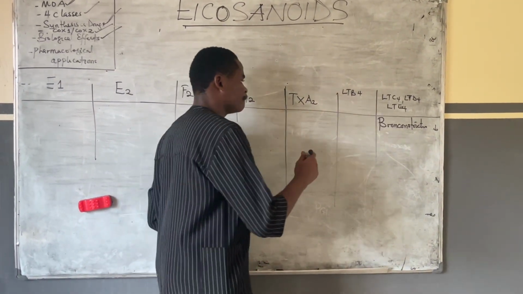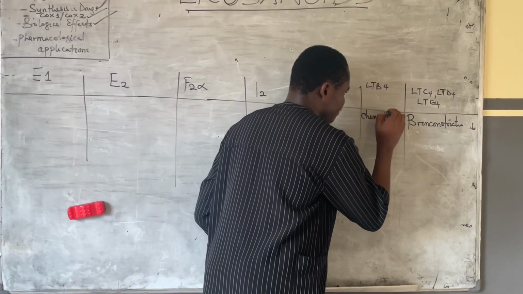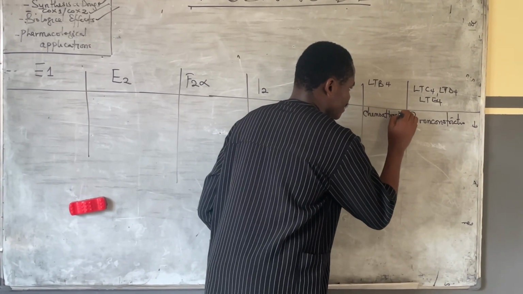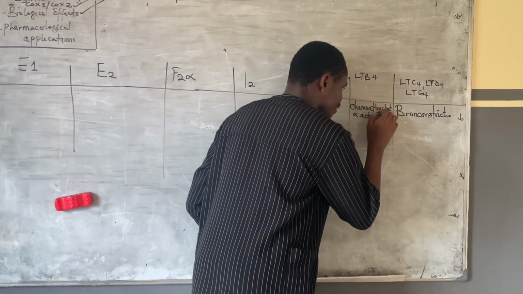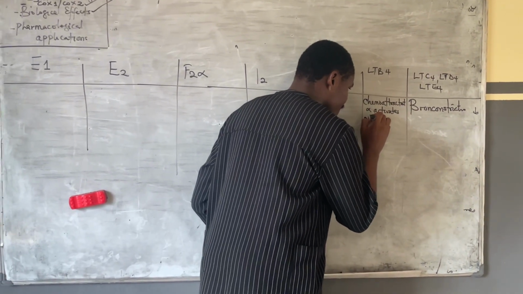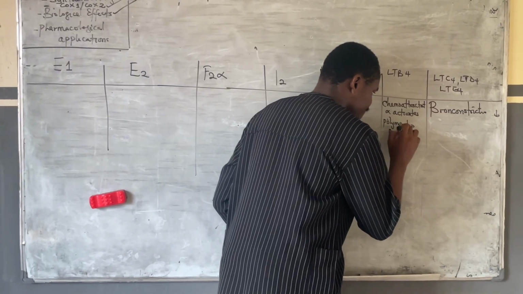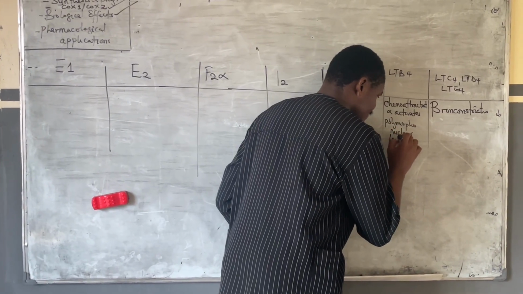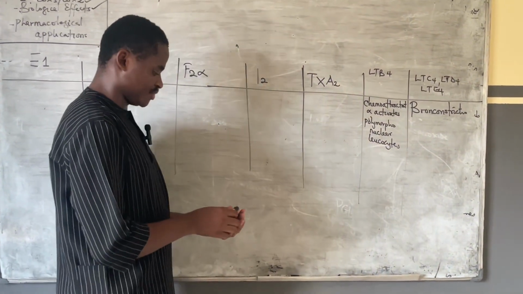How about B4? B4 is a chemoattractant, and it also activates polymorphonuclear leukocytes. All right, polymorphonuclear leukocytes.